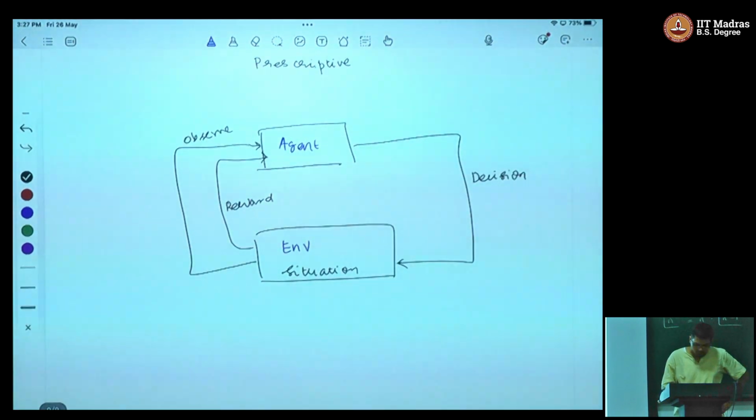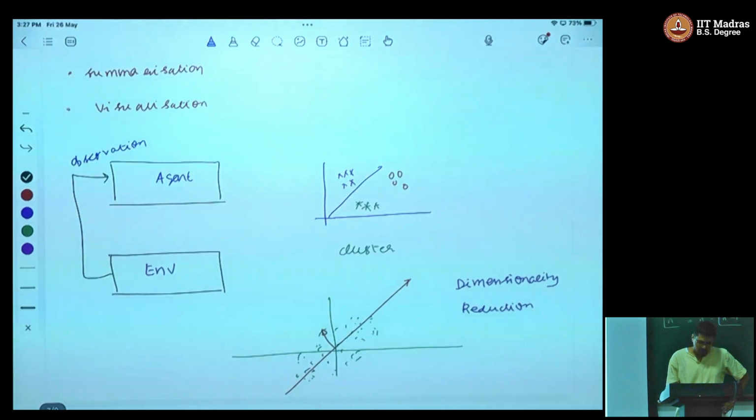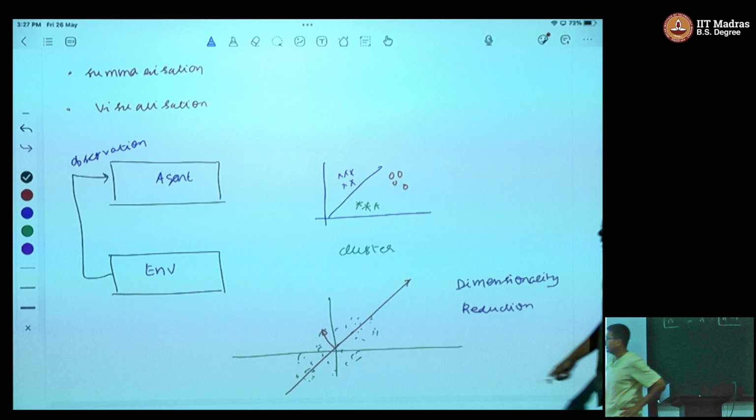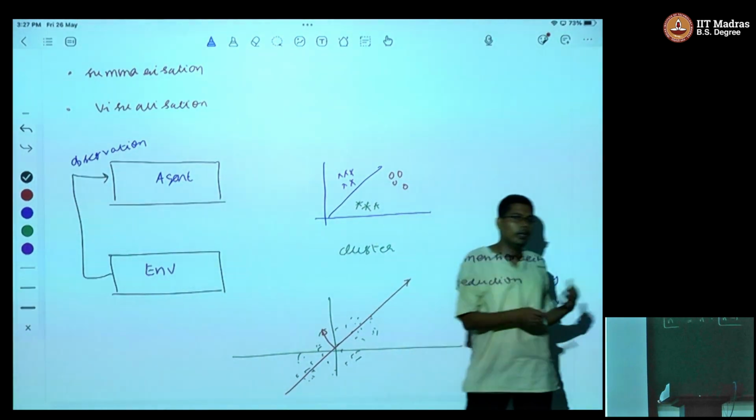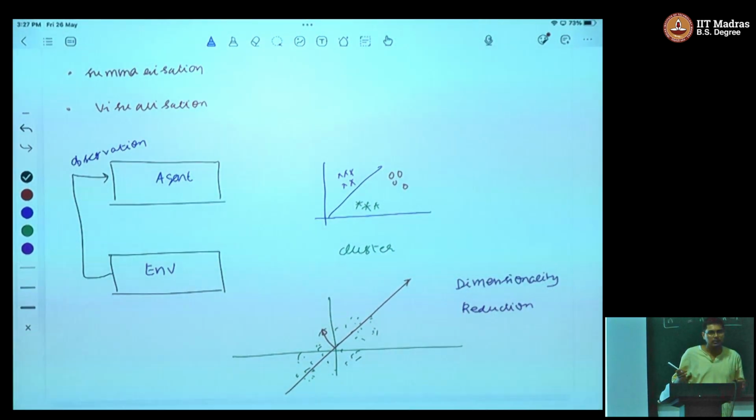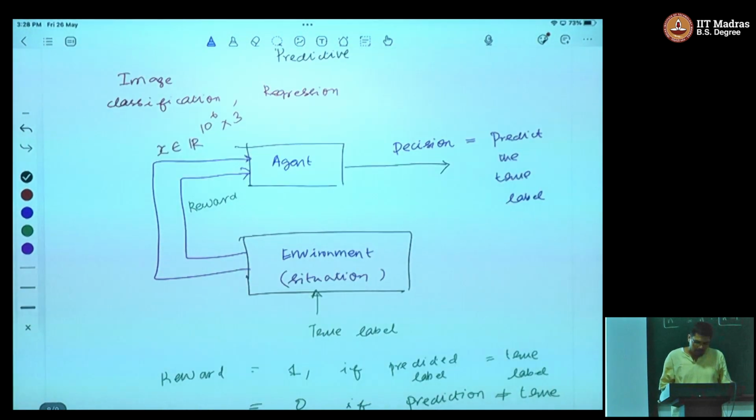So as you can see, in the descriptive task, the agent does not really make any decision with respect to the environment. It is just making some internal representation. It doesn't really care. It's just summarizing for my own sake, which does not get converted into a decision per se. And in the predictive task, you are not influencing the environment.